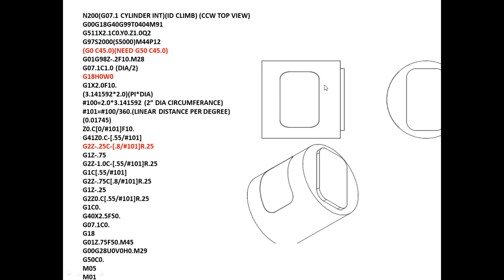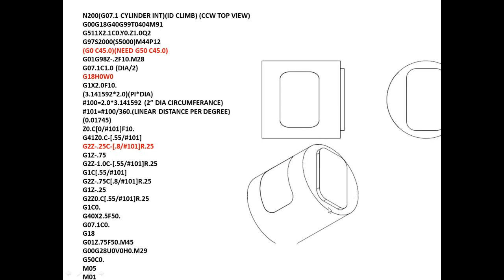So how do we find the angle? We need 1, 2, 3, 4, 5, 6, 7, 8 different positions. At each location, the Z-axis is a dimension, but the C-axis is a degree. We need to convert to degrees. To do that, we need the surface of the diameter, the linear length of this diameter.